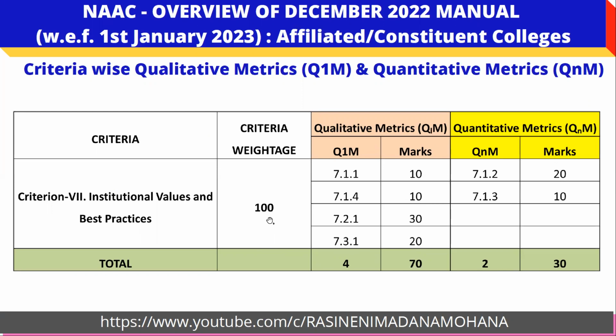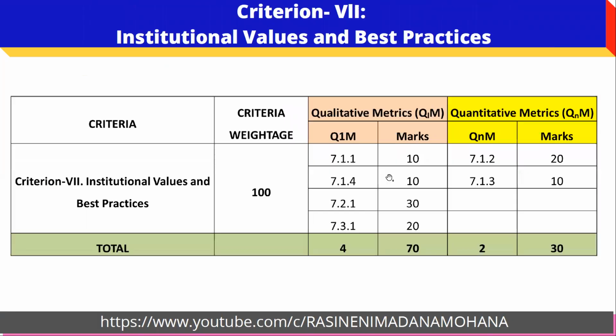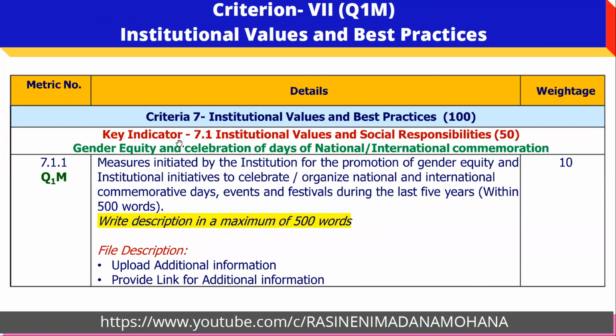First, let us move to the qualitative metrics of Criterion 7, institutional values and best practices. First, 7.1.1 comes under the key indicator 7.1, institutional values and social responsibilities, with total weightage 50. Then 7.1.1 consists of 10 weightage.